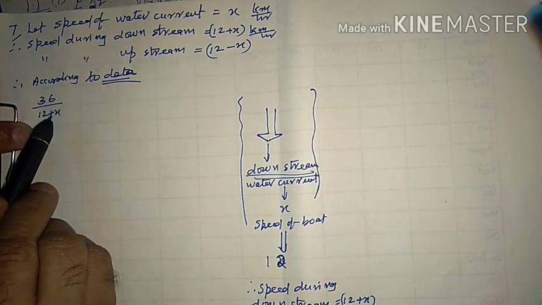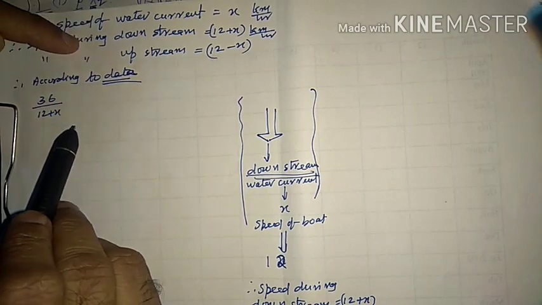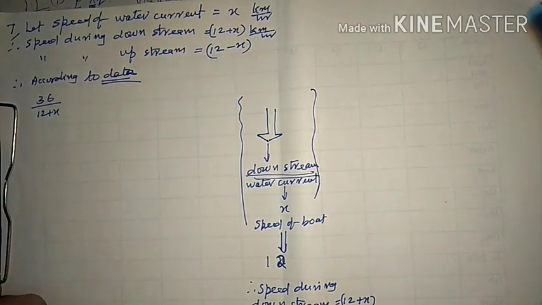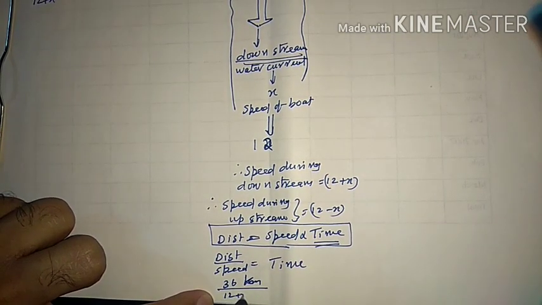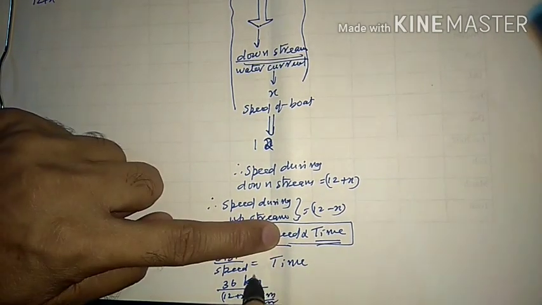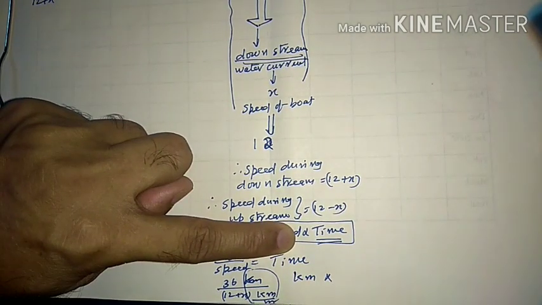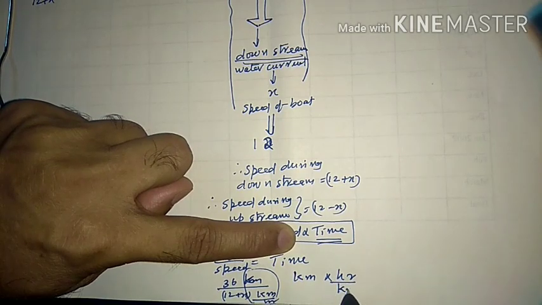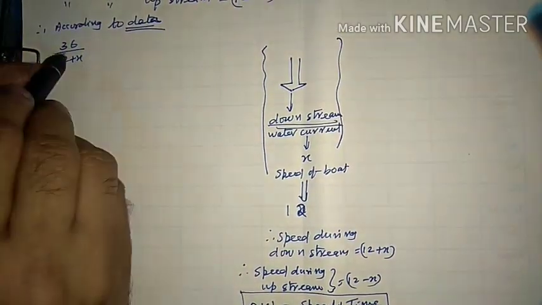Look at kilometer upon kilometer per hour. Kilometer cancels, and hour in the denominator goes to the numerator, so it is hours only. 36 kilometers upon 12 plus x kilometers per hour: divide means multiply with the reciprocal, hour upon kilometer, kilometer cancels, so this is time in hours.